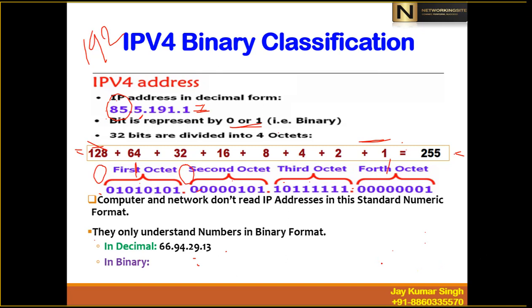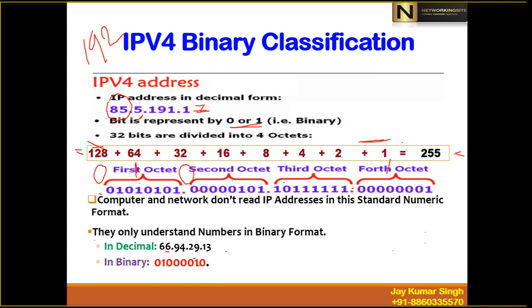For 66, which numbers have you taken? So for 66, what is the binary? 0, 1, 0, 0, 0, 0, 1, 0.